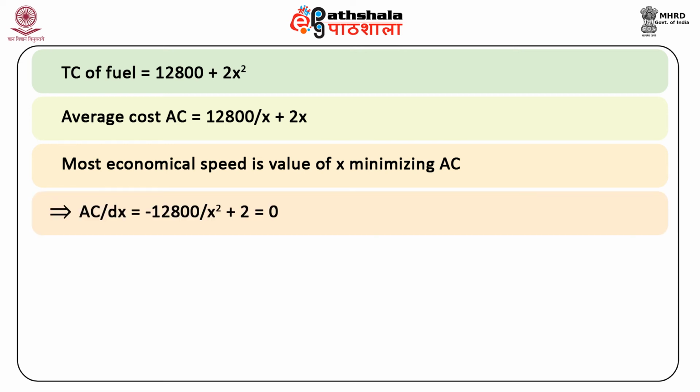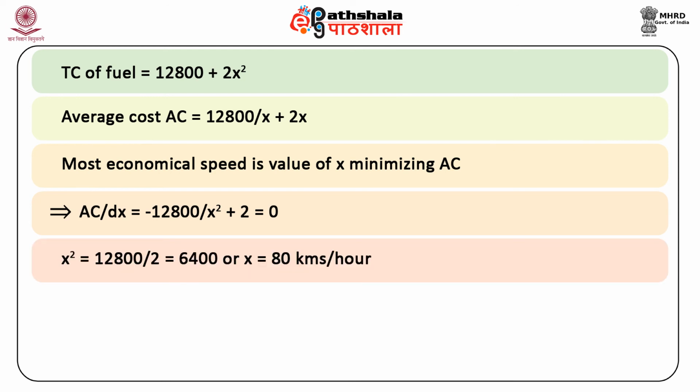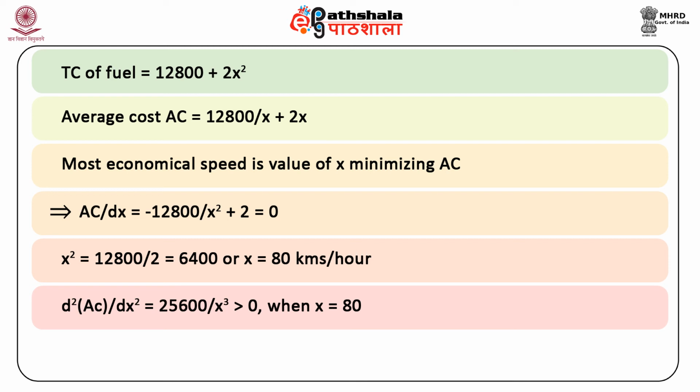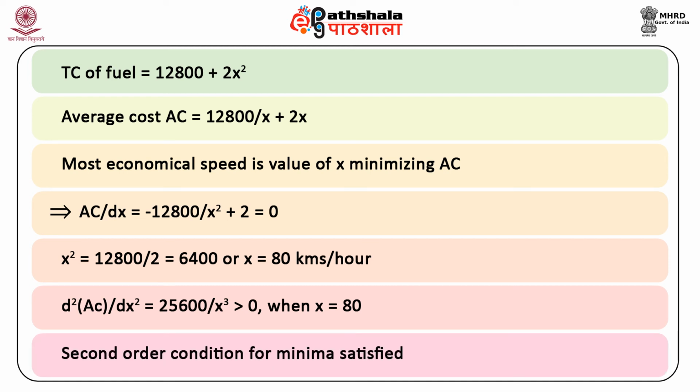So dAC/dx is 0 for a minima, which gives x equal to 80 kilometers per hour, and the second order condition gives the second derivative of AC with respect to x at x equal to 80 as positive. The second order condition for minima is hence satisfied.